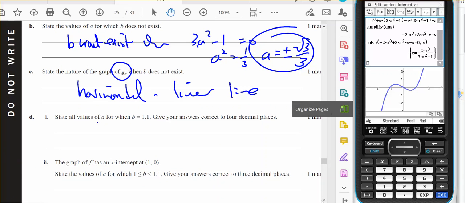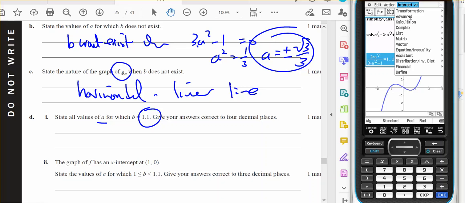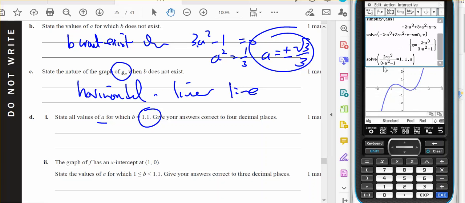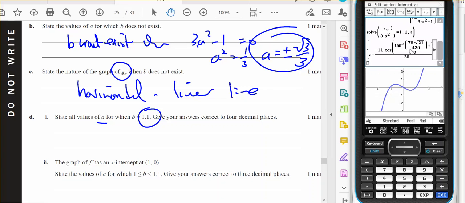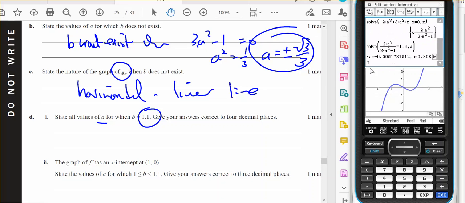State all the values of A for which B equals 1.1. Okay, so this is my x-intercept, my x-intercept equaling 1.1. And I'm going to solve for A. Four decimal places, thank goodness for that.